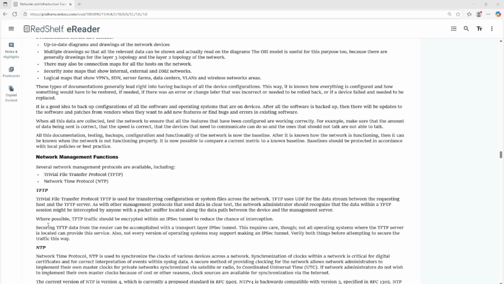For instance, we've got TFTP, which stands for Trivial File Transfer Protocol. It's used for transferring configuration or system files across the network. That's it. And it uses UDP to do that.